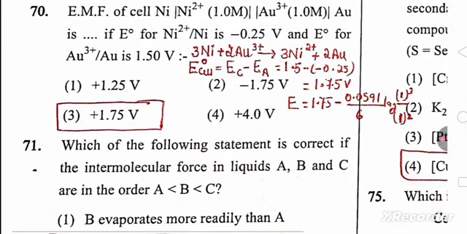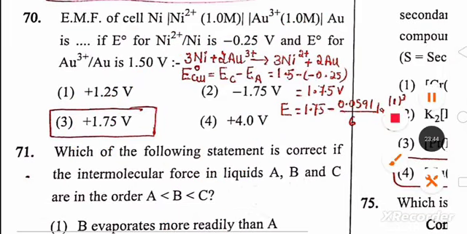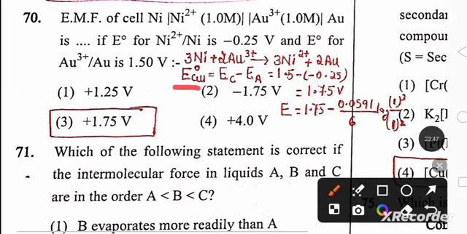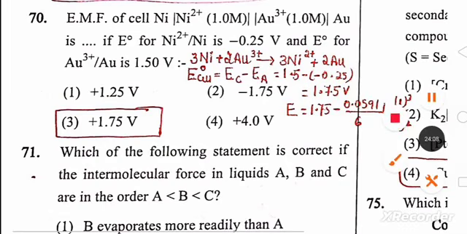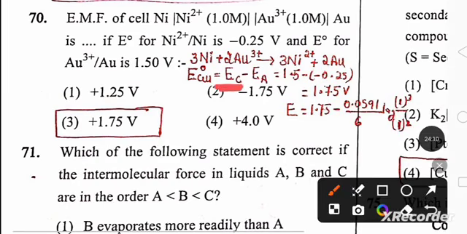In this case, first we will find out the standard electrode potential. Standard electrode potential is equal to electrode potential of cathode minus electrode potential of anode. At cathode, cations will migrate and undergo reduction. So here at cathode, the electrode potential is 1.5.